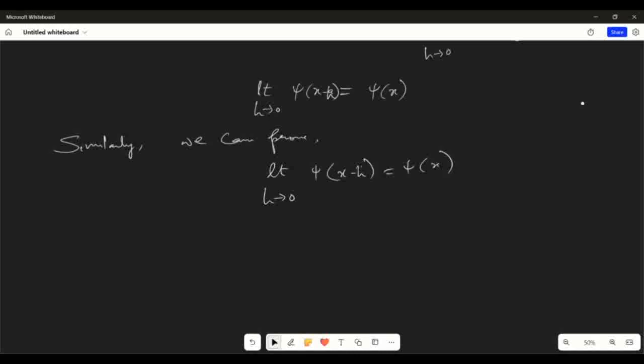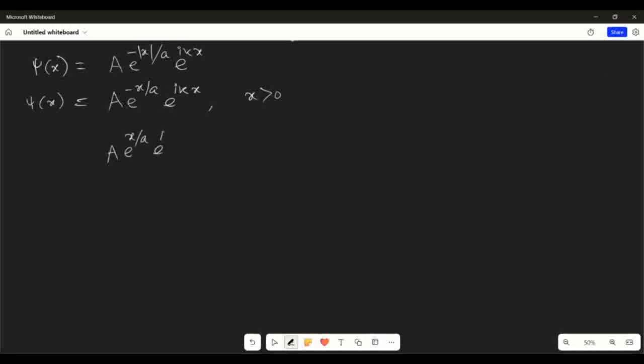So now let's check whether it is square integrable or not. Our wave function psi(x) is equal to A e to the power minus |x|/a e to the power ikx, or we can also write this as A e to the power minus x/a e to the power ikx for x greater than 0, and A e to the power x/a e to the power ikx for x less than 0.